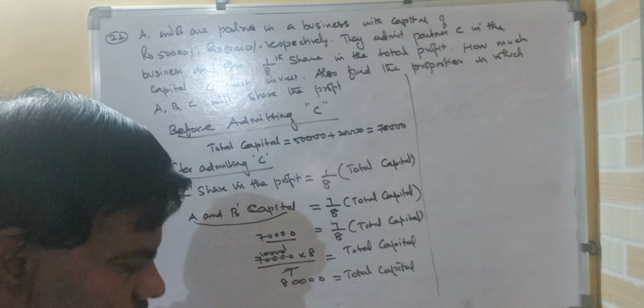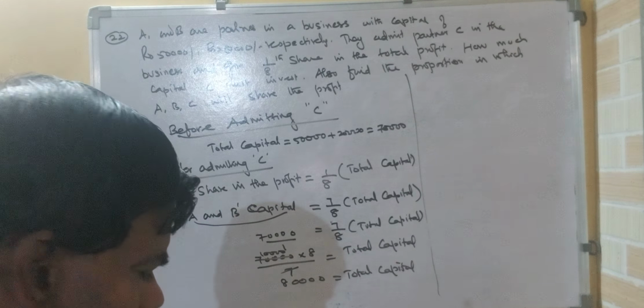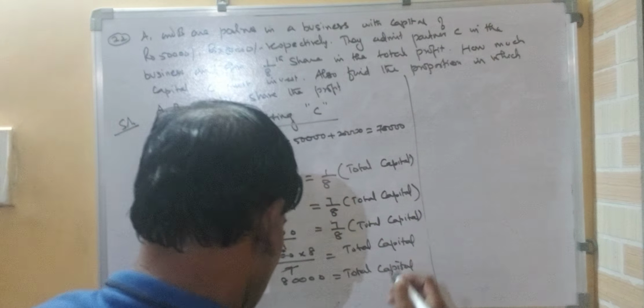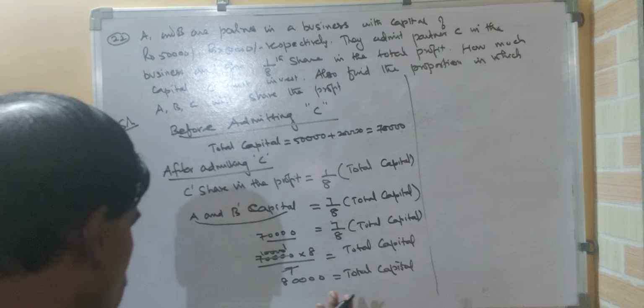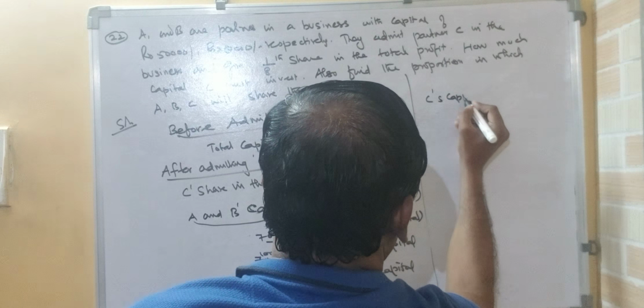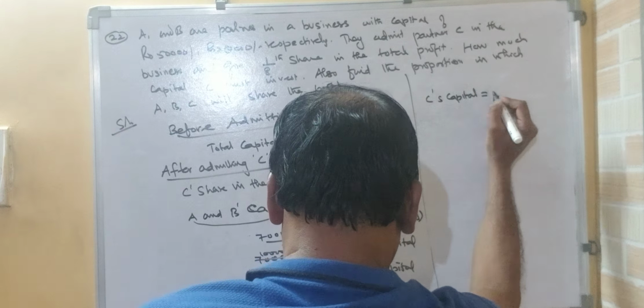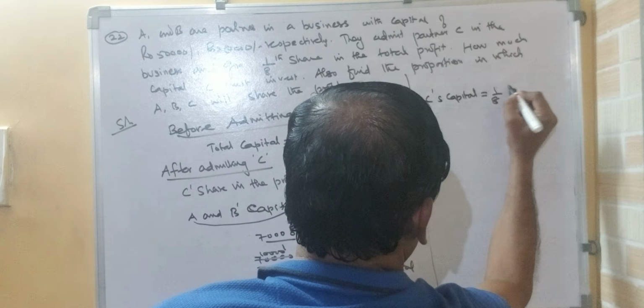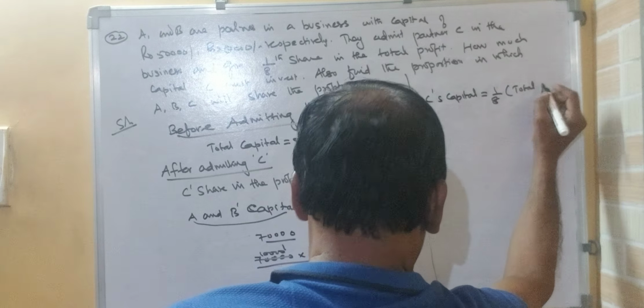Now 7 upon 8 into total capital you got. Therefore now what you got? Total capital you got. Now C's capital, how much did he bring? 1 by 8 into total capital.